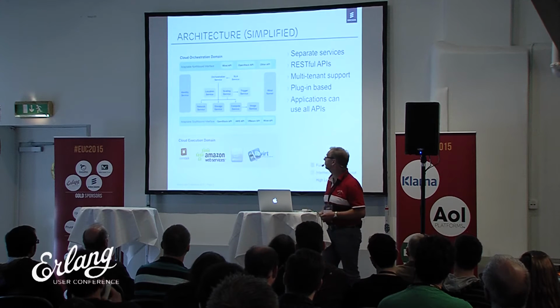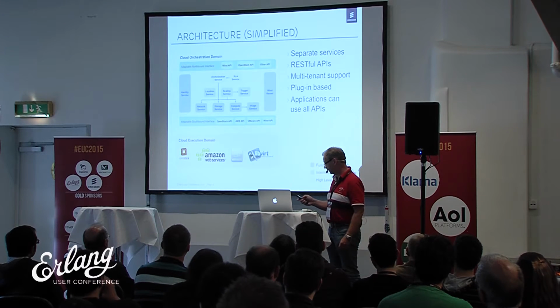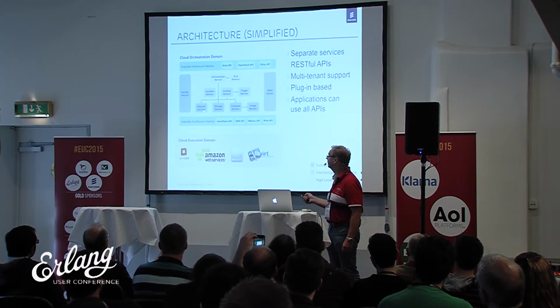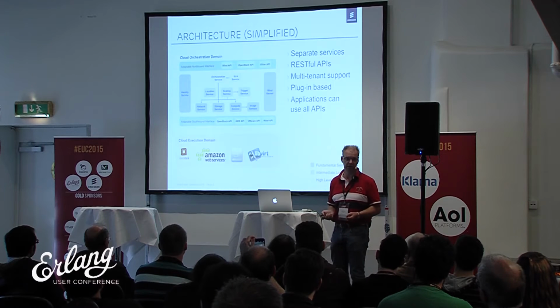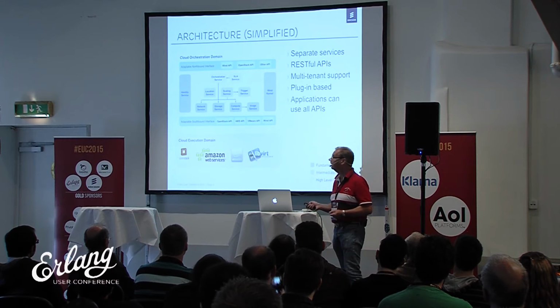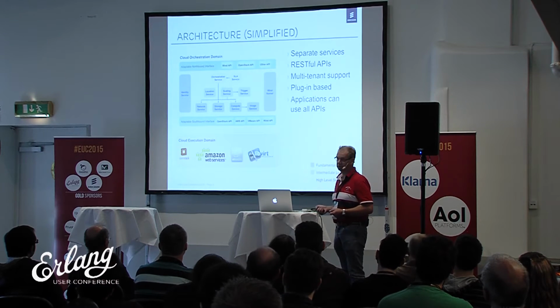Okay, what kind of services do we have? We have some fundamental services that you would expect, like storage, compute, network, and image handling. This is what you basically find in any data center and cloud stack today. We have, of course, identity, which is important.